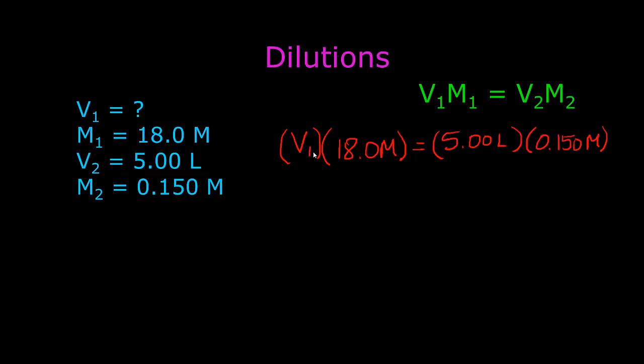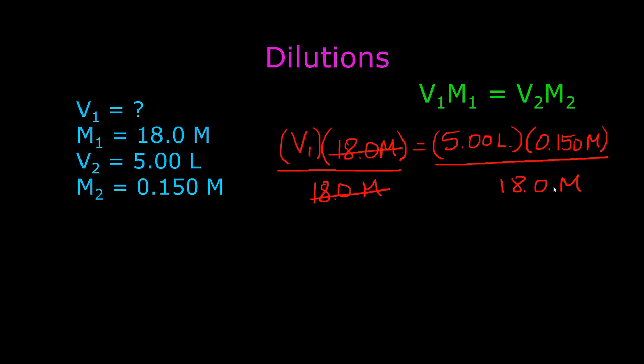I need to get V1 all by itself. I need to move 18 over to the other side. So I'm going to look at the relationship between these two numbers, and they are multiplied, so I'm going to do the opposite, which is divide. Whatever I do to one side, I have to do to the other. And I'm going to divide by 18. My 18 molars go away.